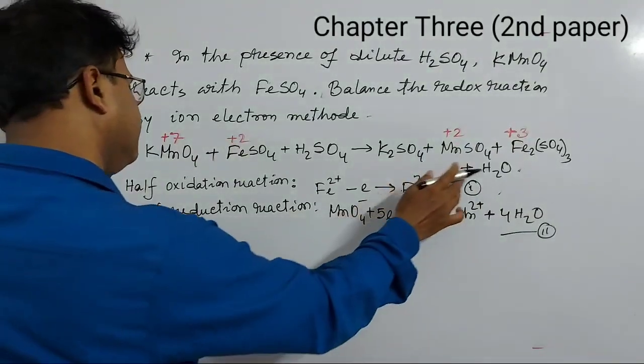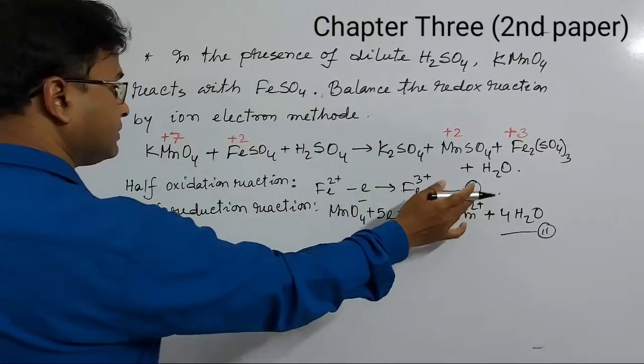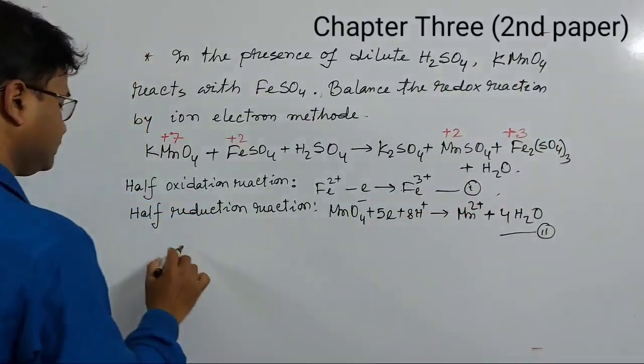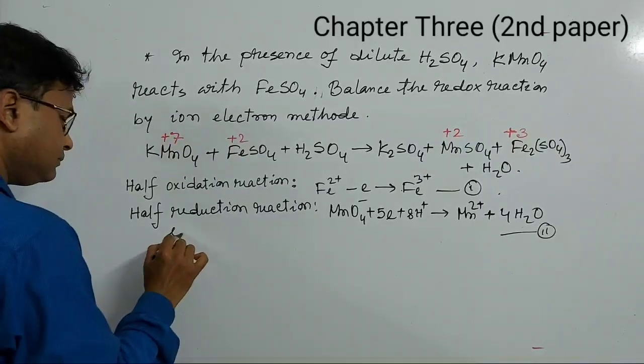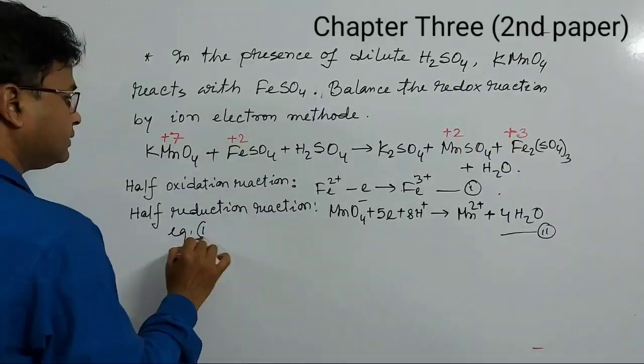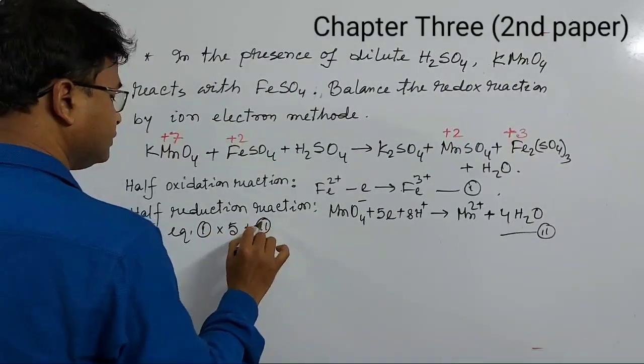To balance the number of electrons in both equation 1 and equation 2, I can write here equation 1 into 5 plus equation 2.